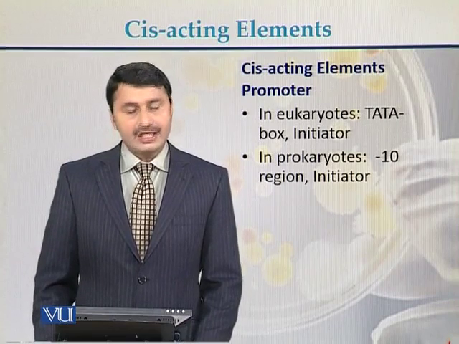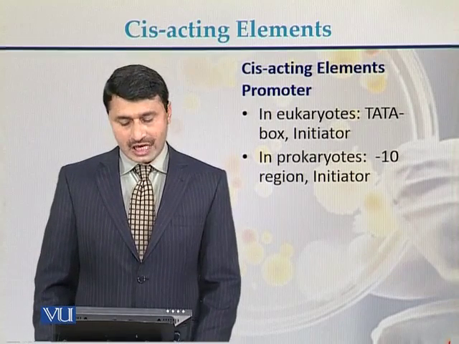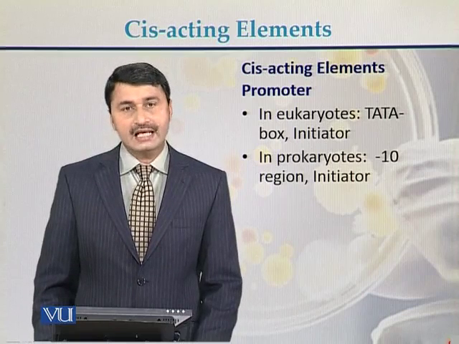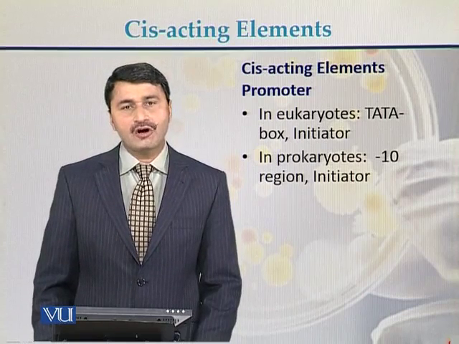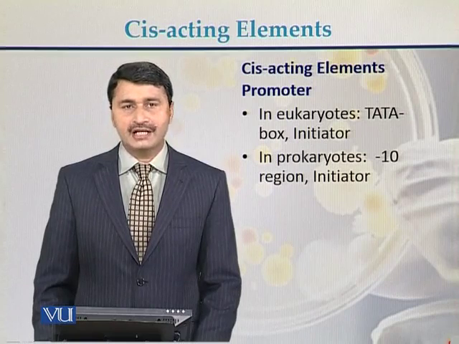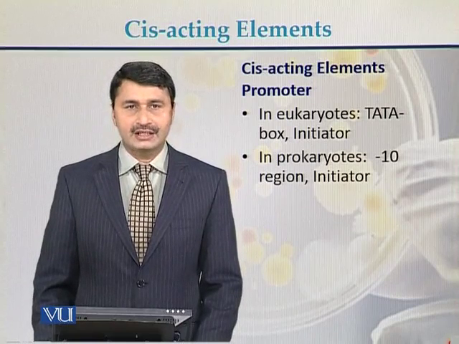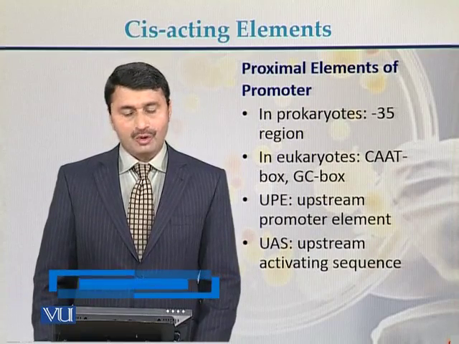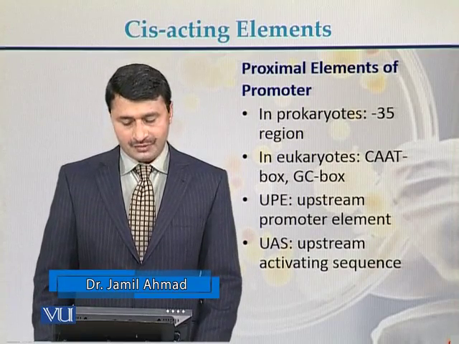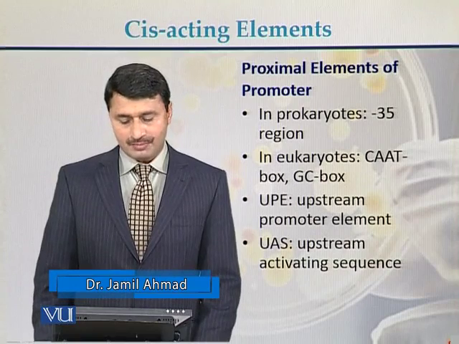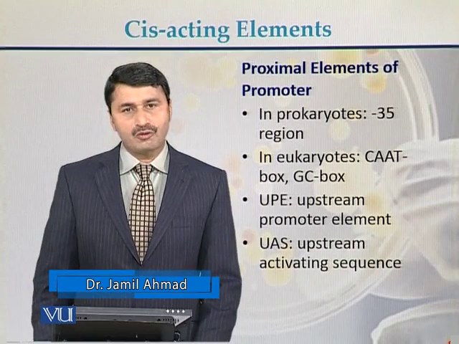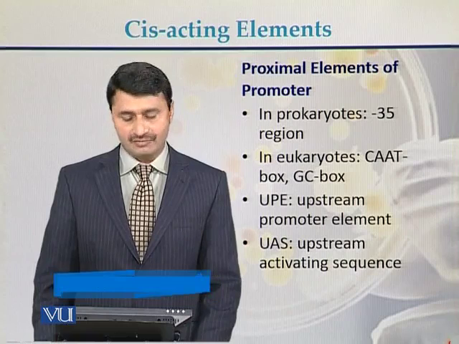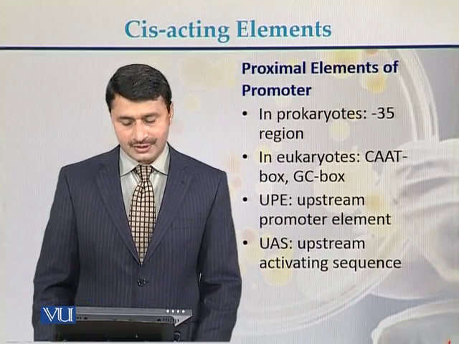In case of eukaryotes, the TATA box is called a cis-acting element, while in case of prokaryotes, it can be at the position of -10, which works as an initiator. Proximal elements of the promoter: in prokaryotes, there are sequences at the -35 region, which are called proximal elements.